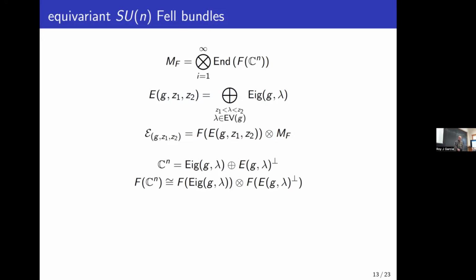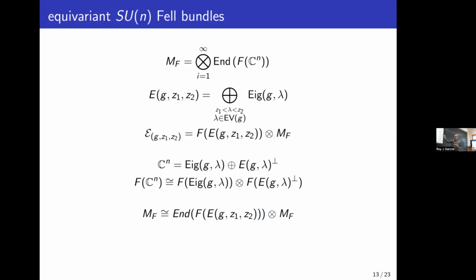To do that, I can decompose the entire F of C of n like this, and then in M_F, I can always pull out any one of the factors, which is not what I've done here.